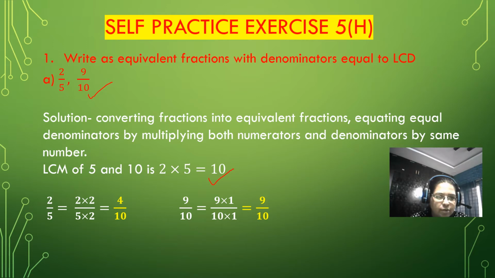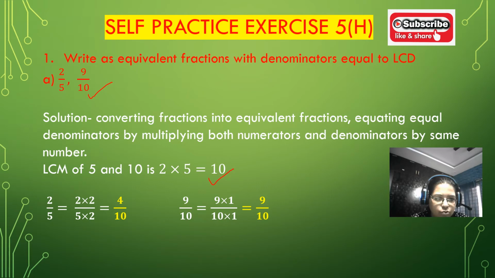Now 2 divided by 5. We have to convert this fraction 2 divided by 5 into an equivalent fraction with denominator equal to the LCM, that is LCD, of the denominators 5 and 10, that is 10. We know the denominator 5 multiplied with 2 is 10. So we have to multiply the same number 2 with both numerator and denominator of the fraction 2 divided by 5.